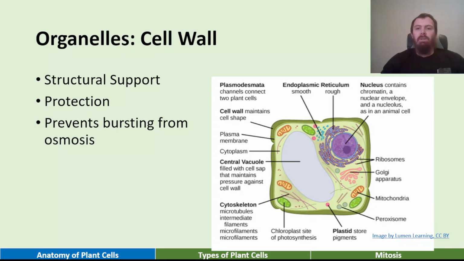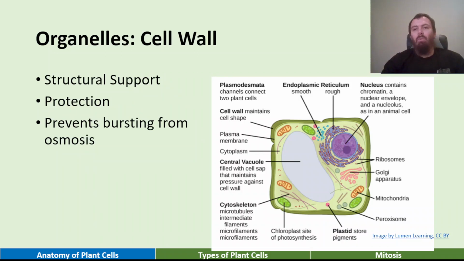Now, we haven't really talked about diffusion yet, but if you put a cell, or really anything that's permeable to water, meaning water can pass through it, into fresh water, meaning water without very many solutes in it, water will move into it. So water will move into the cell. If water is moving into the cell, it can burst.